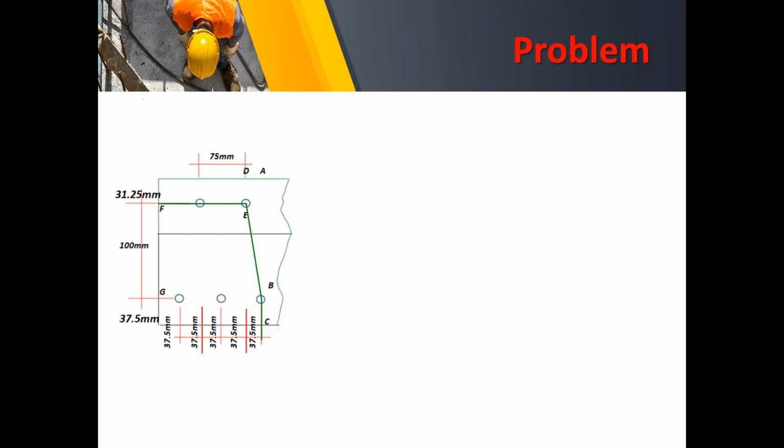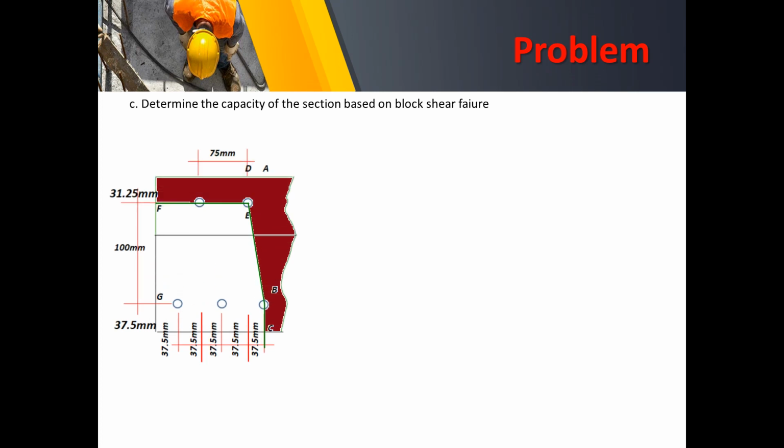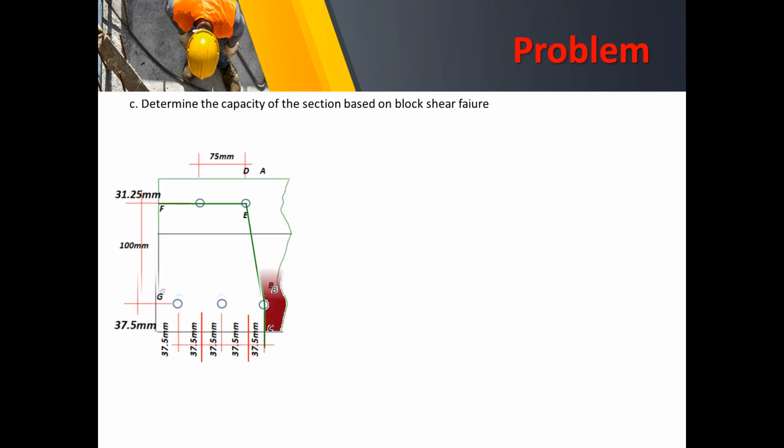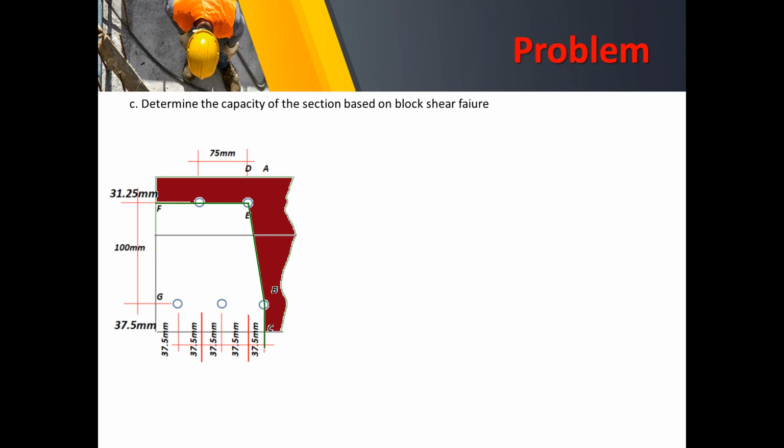For case 2, in here, we have the projected shear block FEBC. So of course, the shaded portion here will be torn out from this tensile member. Now, this time, we have the line FE as the shear area. Okay, FE is parallel to our loading, and the perpendicular inclined area is the tension area EBC.